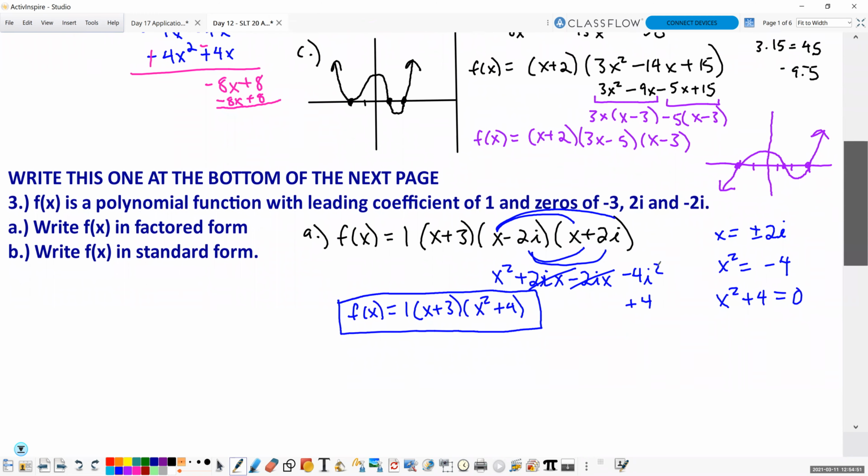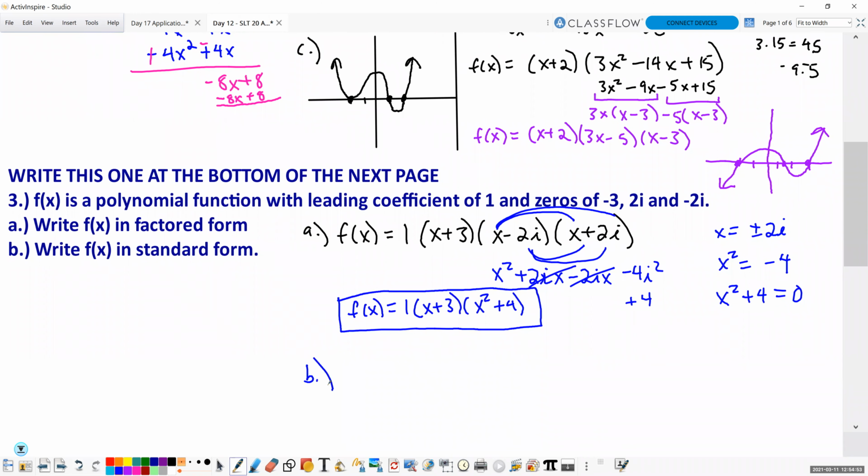B is asking for standard form. So to complete f of x in standard form, I am simply going to multiply together x plus 3 times x squared plus 4. We'll switch colors. Here we go. F of x equals, and the 1's there, so 1 times anything is itself. X cubed plus 4x plus 3x squared plus 12.